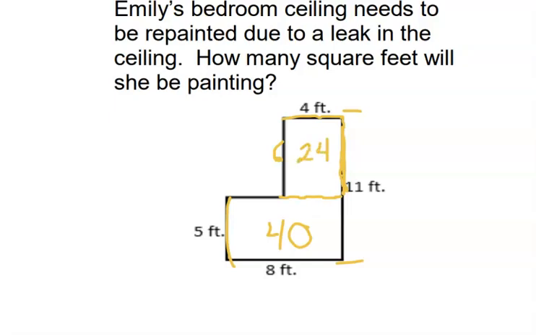So the total square feet that she will need to paint is 40 plus 24, which is 64. All right, so there we go. 64 feet squared, or 64 squared feet. That's how much she would need to paint.